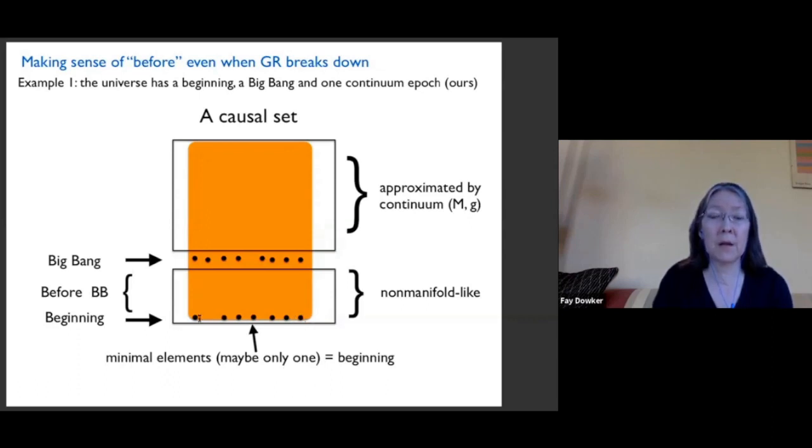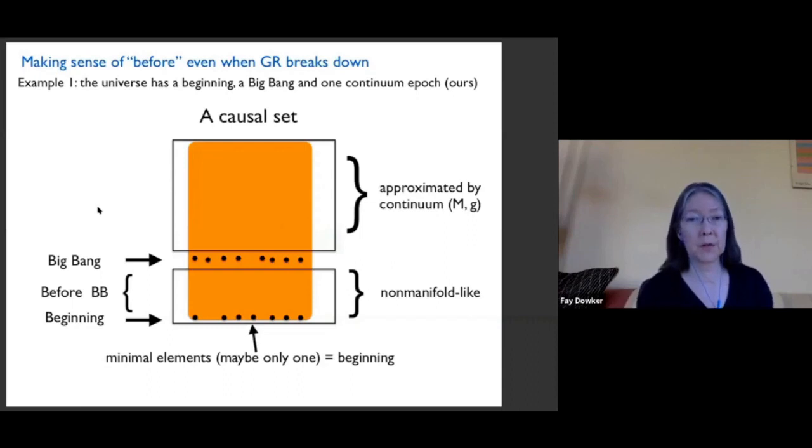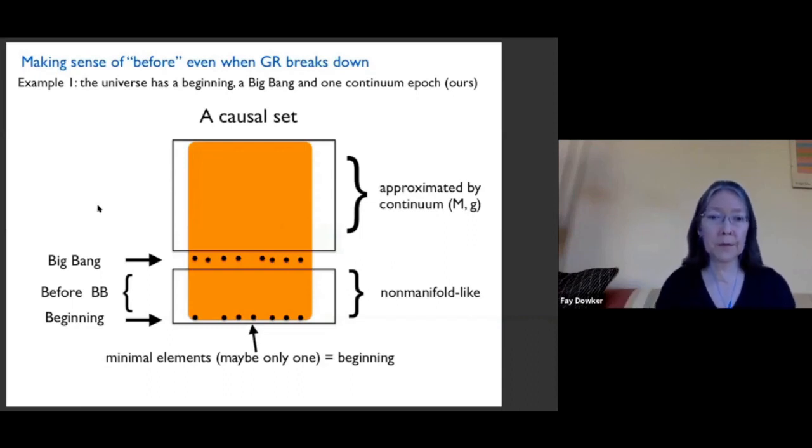There's the level of minimal elements, which is the beginning. There's a bunch of stuff happening in the deep theory, which has no manifold-like interpretation. There's a transition, designated by the Big Bang, between that non-manifold-like deep stuff and the continuum epoch, which is approximated by a continuum. Okay, so that's possible. We can construct such causal sets.